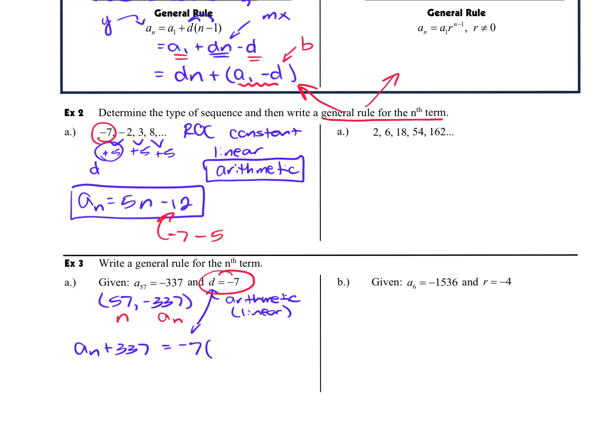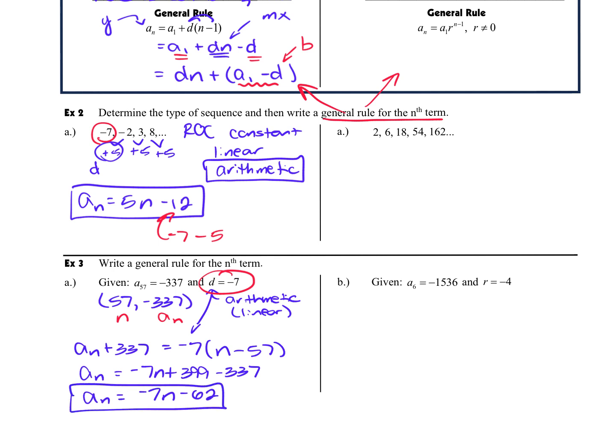And now I'm going to say n instead of x minus 57. And if I just rearrange this, I will get a sub n equals negative 7n plus, and I've already done this math for us here, we'll get 399, subtract my 337, and our rule is a sub n equals negative 7n minus 62.